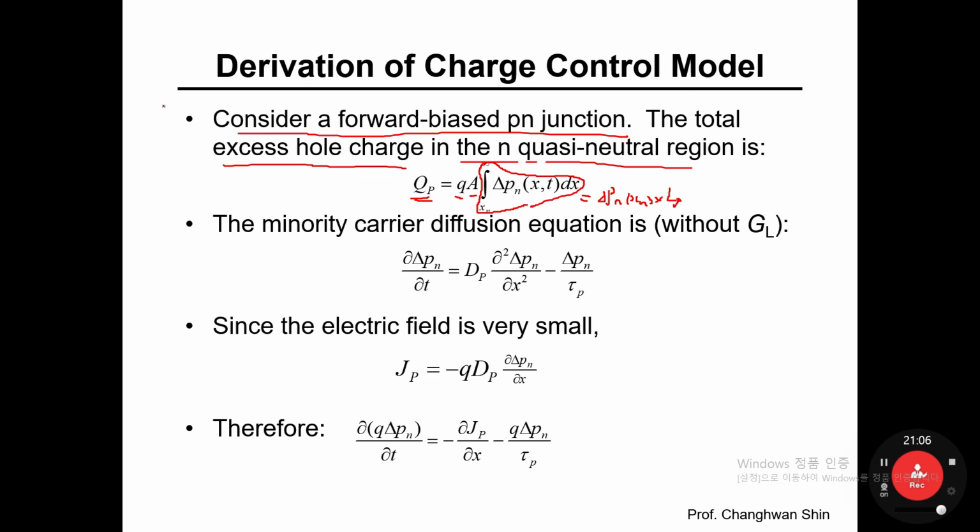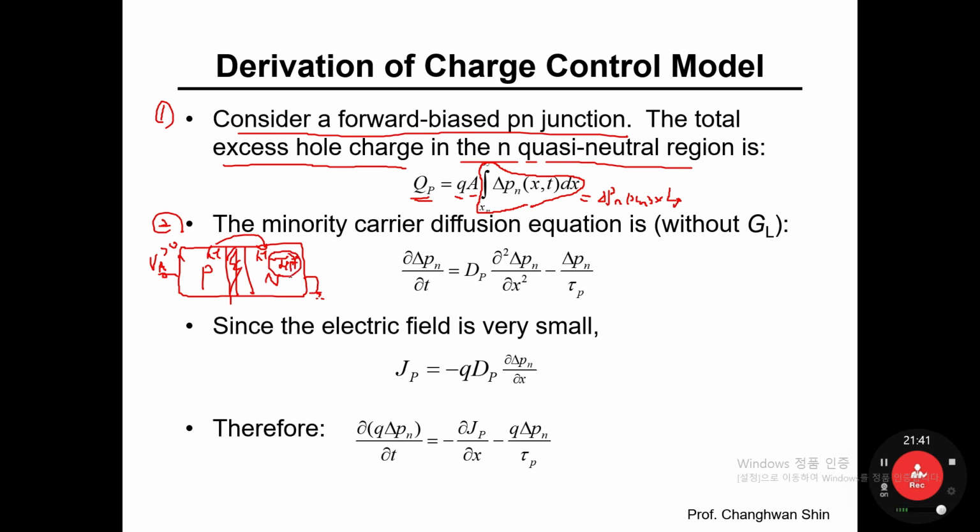And in the second step, let's get the minority carrier diffusion equation again herein. So for a given PN junction diode under forward bias, the holes can be injected into the N side, right? And those holes, under forward bias, are injected and they're going to diffuse throughout the N side.